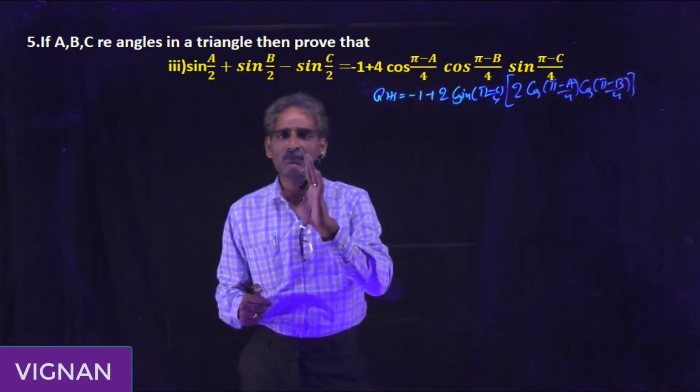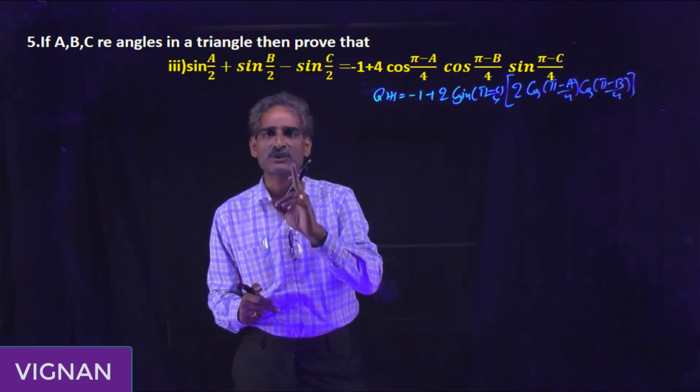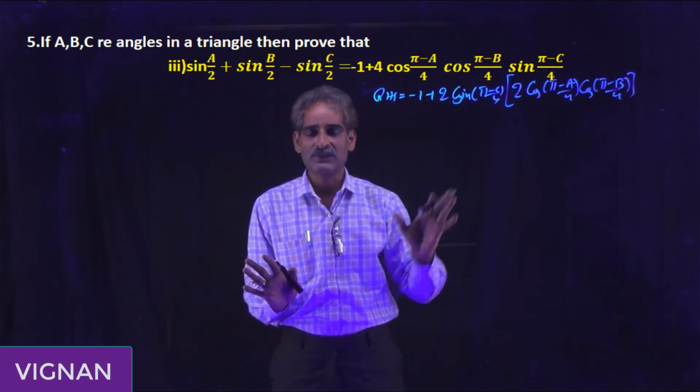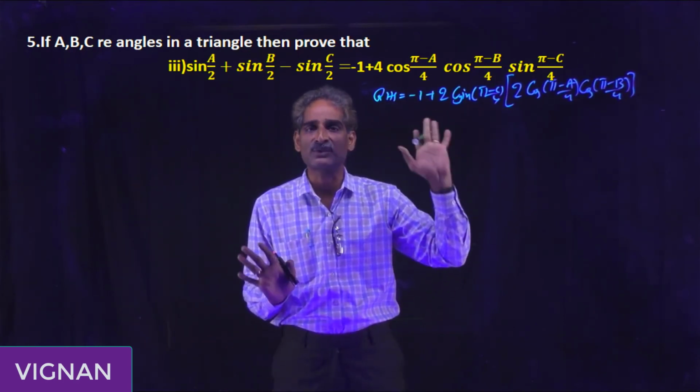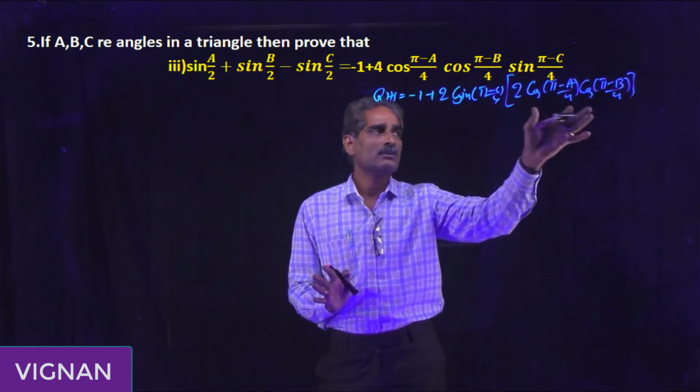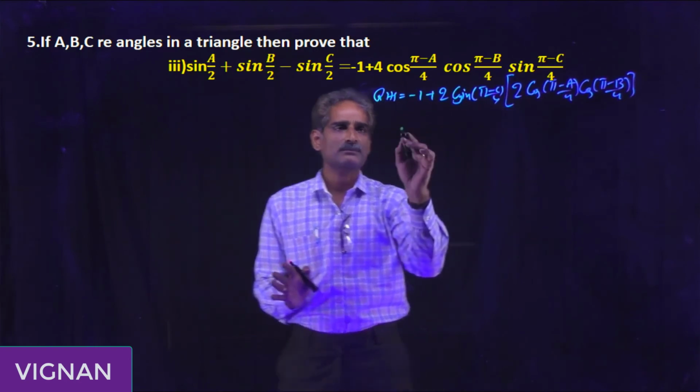We have a formula for the product of 2 functions, 2 cos A cos B. Here there are 3 terms, so you can choose any 2 out of 3. So just adjust like this. Now here we can apply the formula.